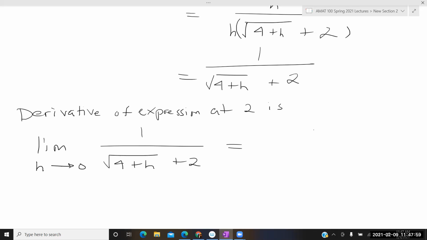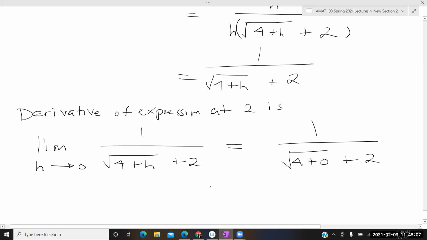So you just plug in 0. Now, limits like this don't always work out that nicely, but taking the limit as h goes to 0 in this case just amounts to plugging in 0 for h. Then you have the square root of 4, which is 2, so you'll get 1 over 4. So that's the derivative. That will give you the rate of change of this function at 2.